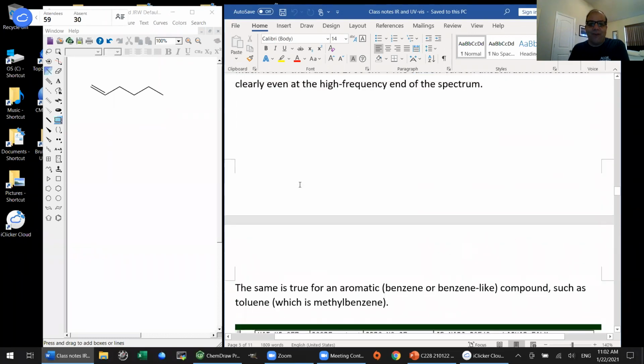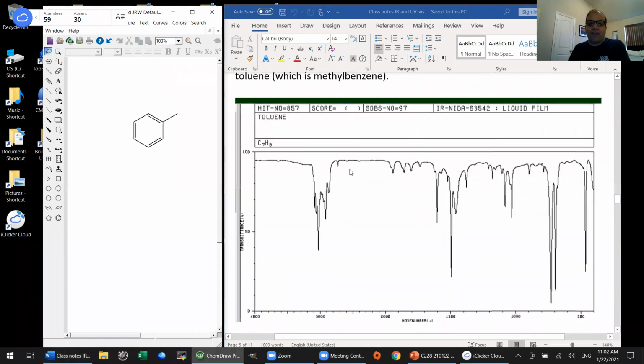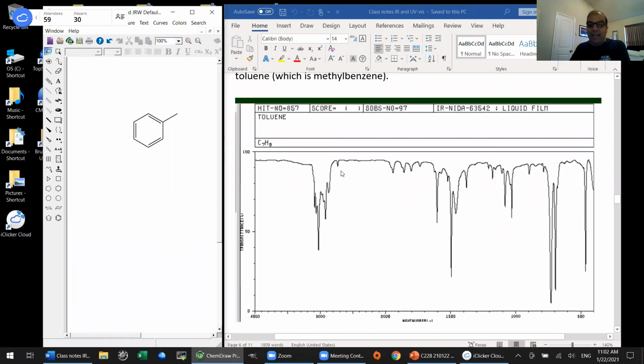All right, so with that, let's move on to the last type of hydrocarbon that we run into at all frequently, which is aromatics. Toluene, as I think you're aware, is methylbenzene. So there's toluene. The spectrum of toluene is going to be similar to that of our alkene, in that we'll see some CH stretches above 3,000 wave numbers and some below.